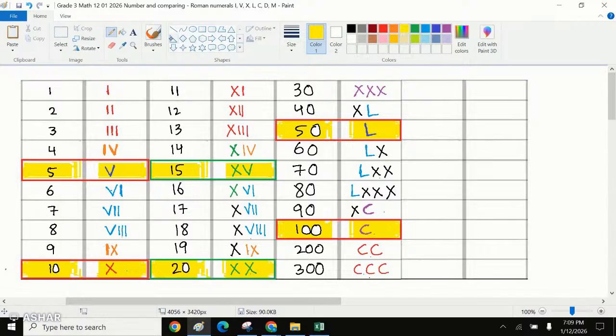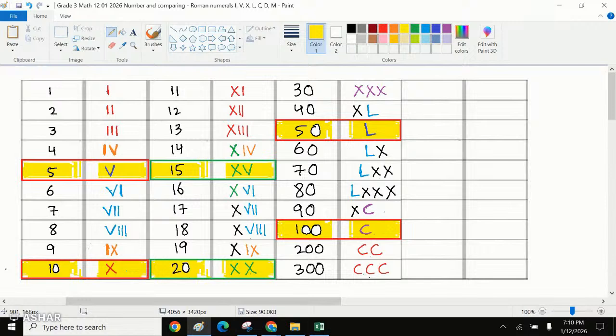Because 5 was V, 10 was X. Similarly, 20 was double X, right? 15 was not X and 5 sticks, it was XV. Similarly, 50 becomes L, 100 was C, right?